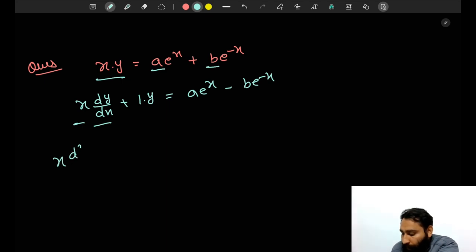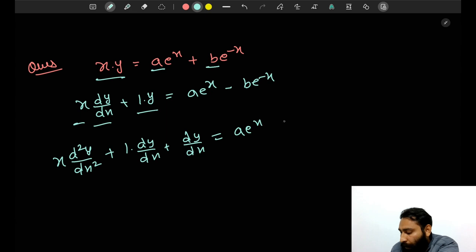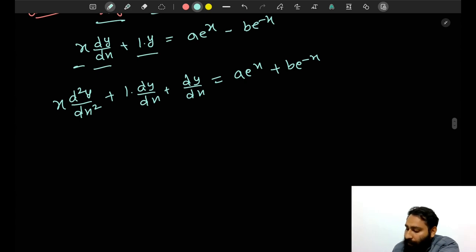So first as it is, differentiation of second term, plus differentiation of first term, second as it is, plus differentiation of y, is equal to the differentiation of a e to the power x, and again minus the differentiation of b e to the power minus x.